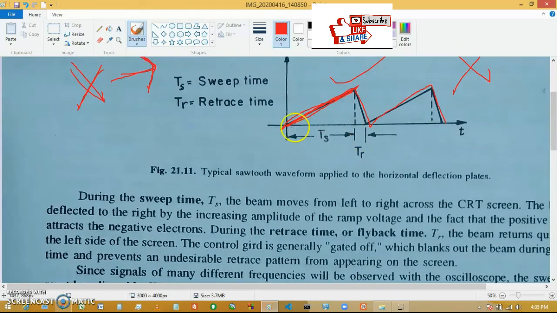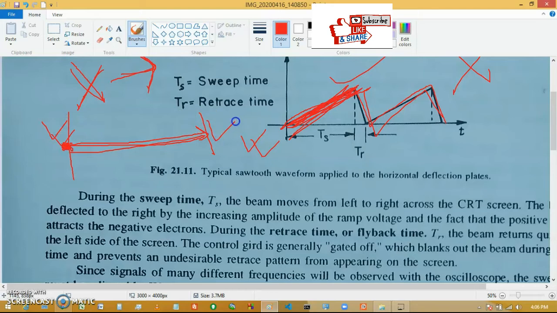Under the effect of this ramp voltage, the electron beam moves at a very high velocity from one side of the screen to the other side, because the ramp voltage is increasing and the velocity is directly proportional to the voltage. This is called the sweep time. During this sweep time, the beam moves horizontally from one side of the screen to the other.